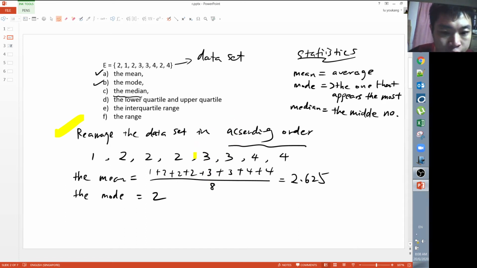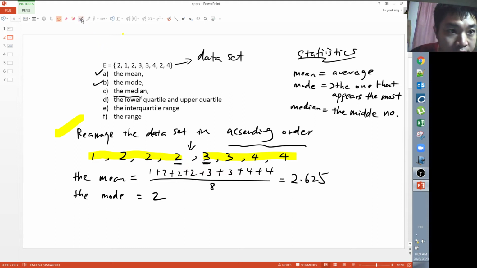If you look at this, you have 8 numbers, so you can clearly see the middle number is between your 2 and 3. Why? You have 4 numbers here, and you also have 4 numbers here. So the middle is between your 2 and 3.